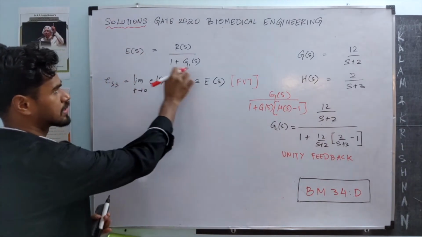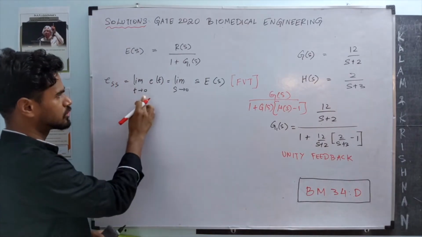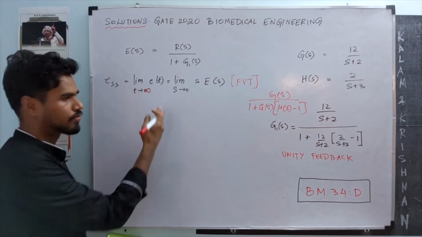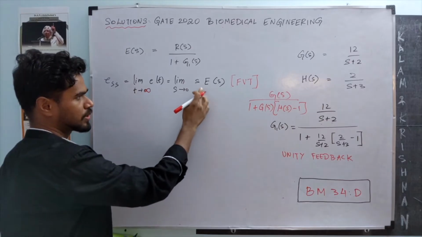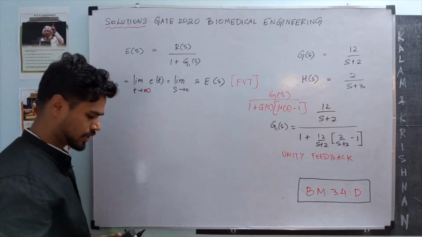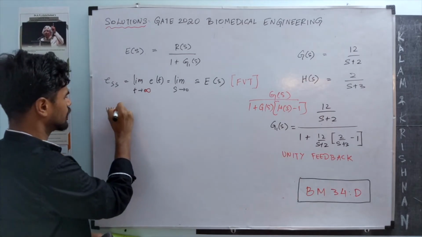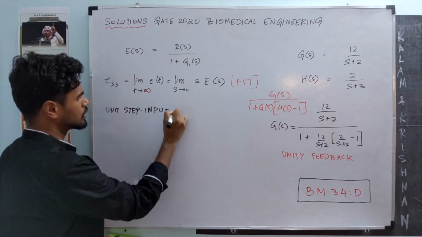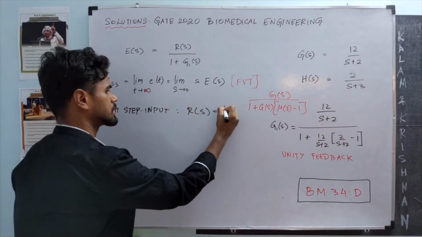error is defined as this. Then steady state error ESS is given by limit t tends to infinity, e of t, and by the final value theorem this becomes limit s tends to 0, s times E of s. Because it's a unit step input, R of s is 1 by s.